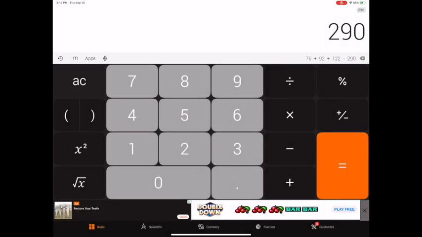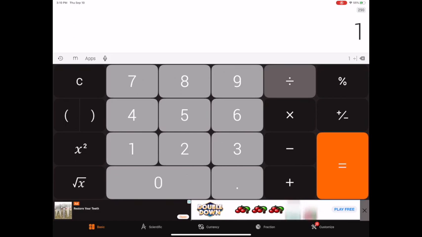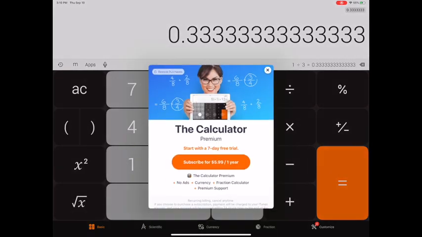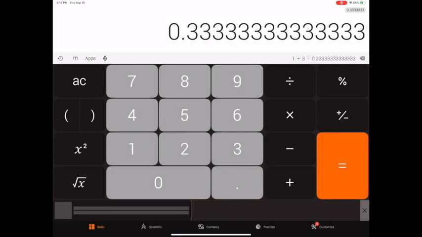For example, we know that 1/3 is a ratio, right? So 1 divided by 3, 1/3. If you see what it looks like when I hit equal, you see how it's this decimal? It goes on forever. It's 0.33333333333 forever. Sorry about that ad.